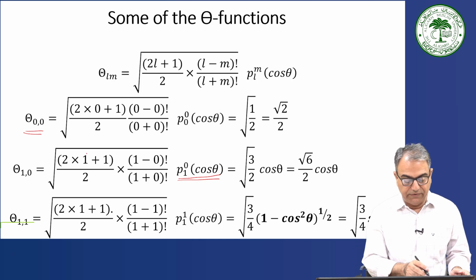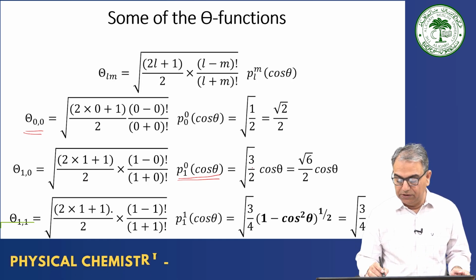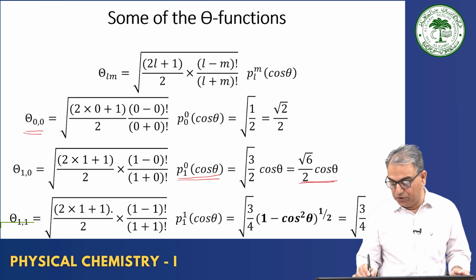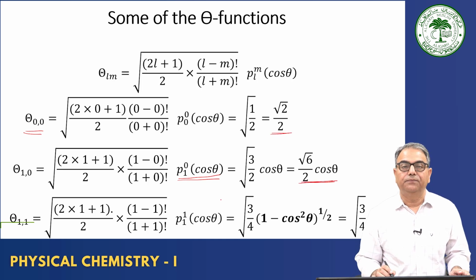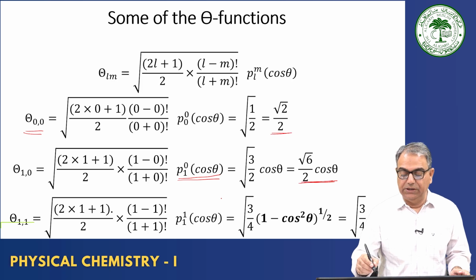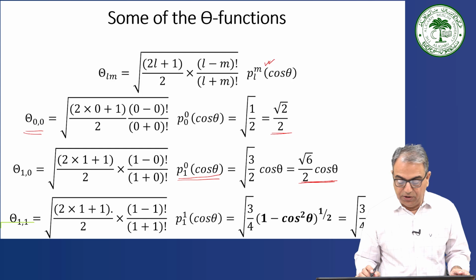Okay, 2 into 1 plus 1, so 3 into 2, root under 3 by 2. So you multiply it by 2 and 2, it will be root 6 by 2. Okay, so root 6 by 2 times cos theta. So this is the final solution of the theta equation when using this associated Legendre polynomial.